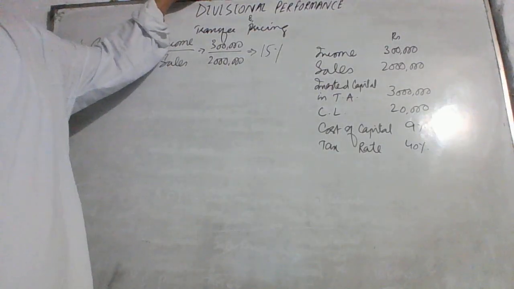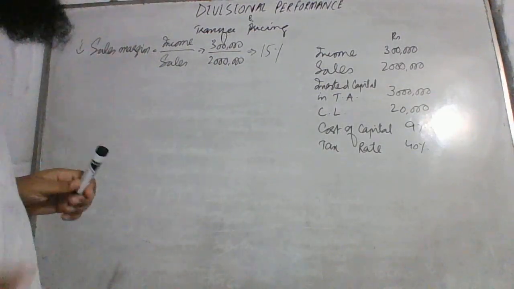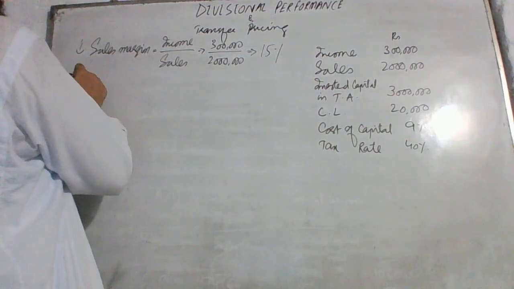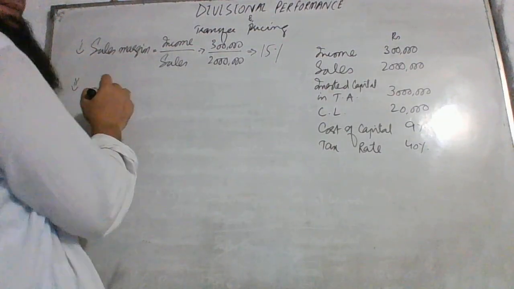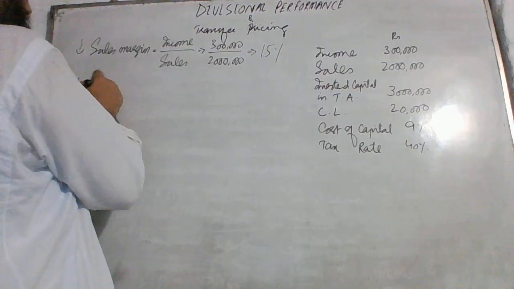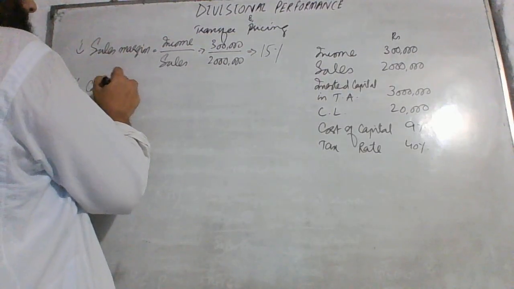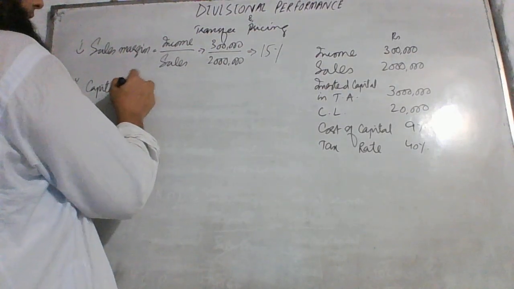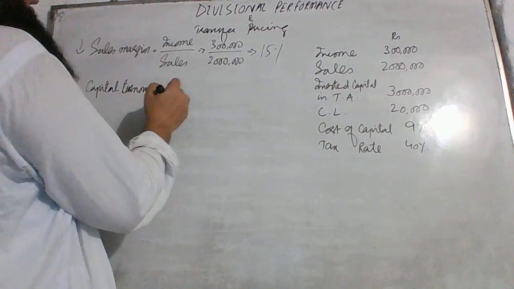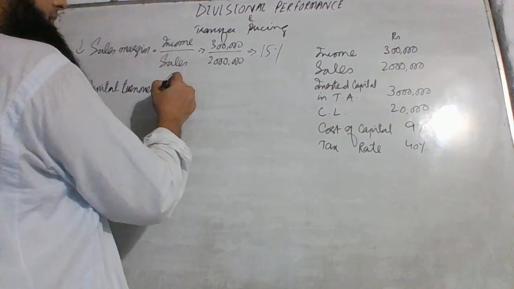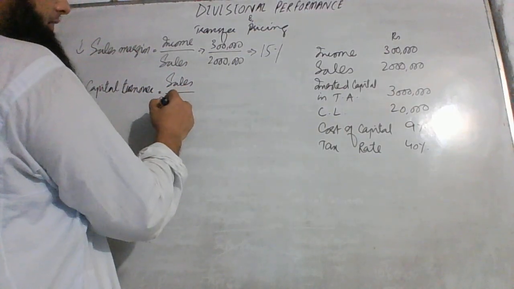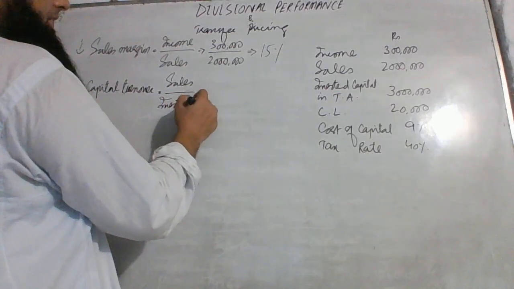The next, for example, performance measure, we have to calculate the capital turnover. Well, the formula of capital turnover is sales upon invested capital.